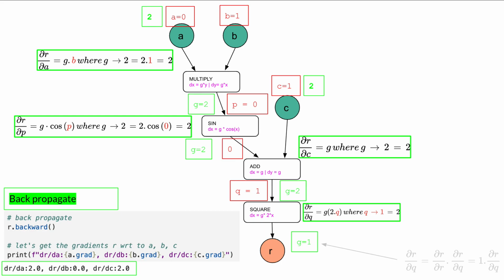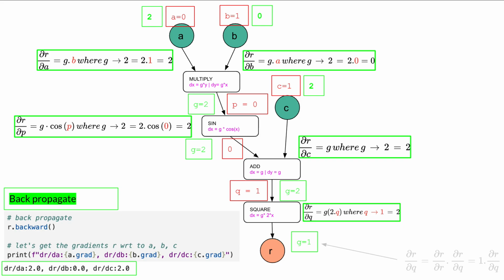And then the partial of r with respect to b is going to be g times a, where g is set to 2 from the previous step, and the input a is set to 0, so 2 times 0 is 0. Then at the very bottom of the screen, we print out the a, b and c tensors and inspect the dot grad property, and we can see that they correspond here: 2, 0 and 2.